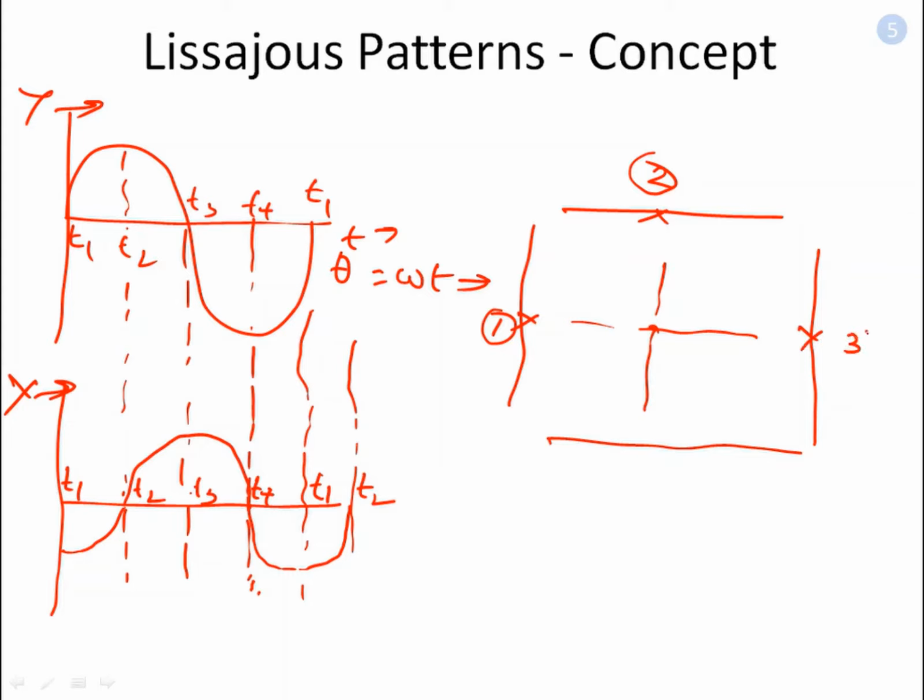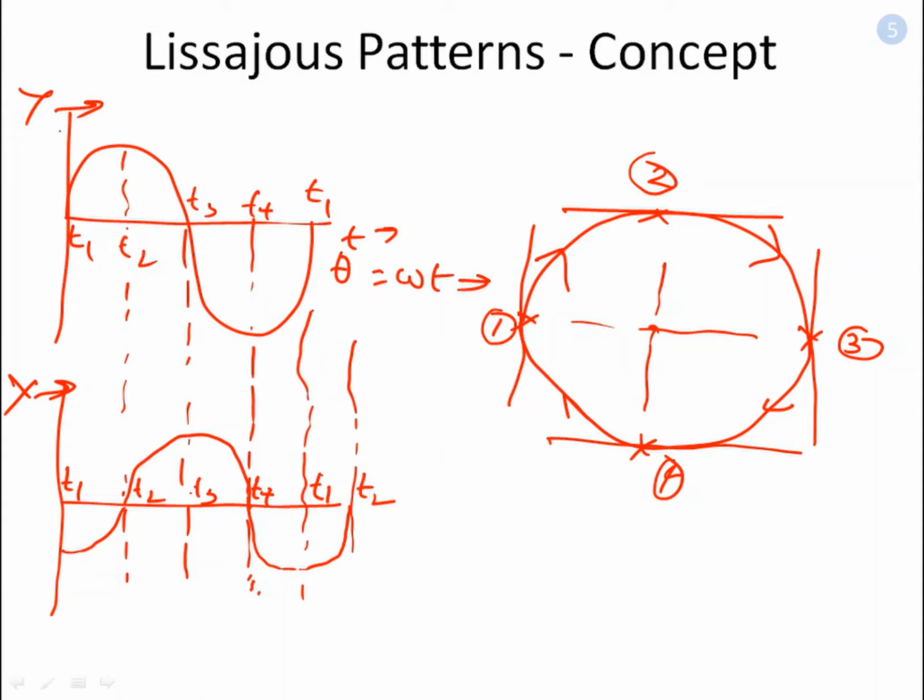So this is point 3. Similarly we can trace out point 4. So I see a smooth form is produced and the arrow will give the direction of the development of the waveforms. So here you can see that something like a circle is produced.